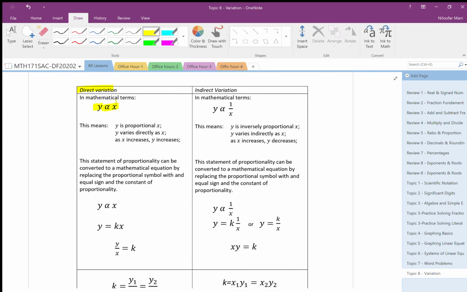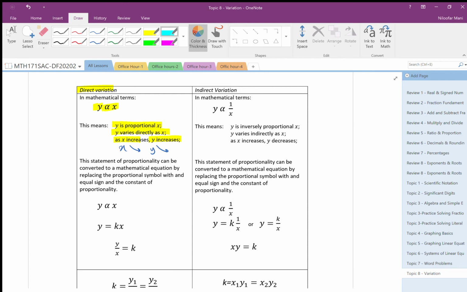This means y is proportional to x. Proportional means both of them just vary directly. Or I can say x increases, y increases, or x decreases, y decreases. The other one, if I say indirect, is y alpha 1 over x.